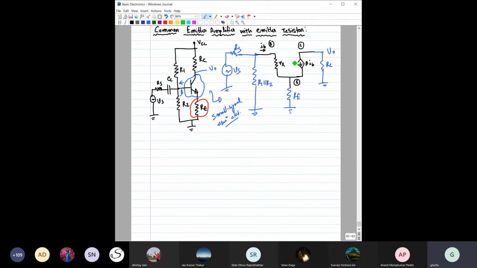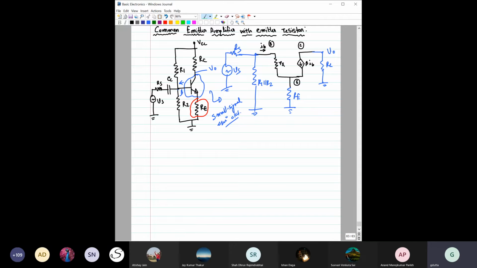One is with gm and r pi and the other one is with IB and beta IB. So here we are using beta IB, and I think you recall the reason why we are using this, because here it would be easier to find IB rather than find the other one. But anyway, I'm not saying you cannot use the other one. You can use that. But if you use IB and beta IB for this type of case, your analytical work would be less.